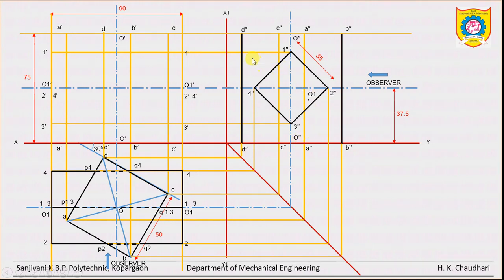And again, the top surface of the vertical prism has no intersection, so make that also thick. Okay, so the side view is looking complete, but still the edges A and C intersect other than this axis here. So we can locate the points.